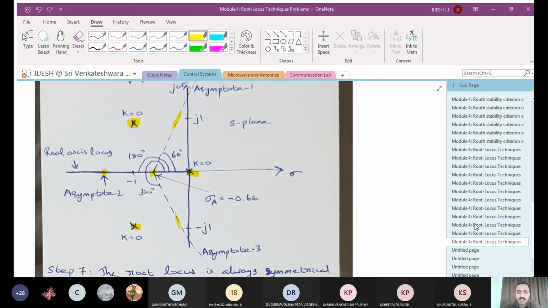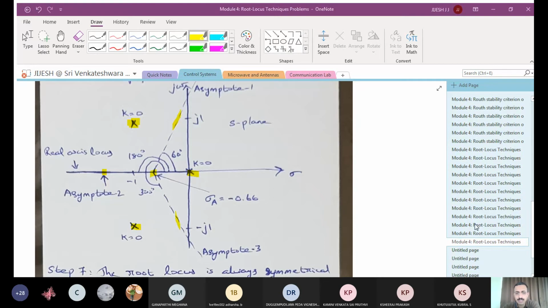So substitute in place of s minus 0.66 plus or minus j 0.47. Then you will get the value of k. So you'll get it as 0.5297 plus or minus j 0.412.